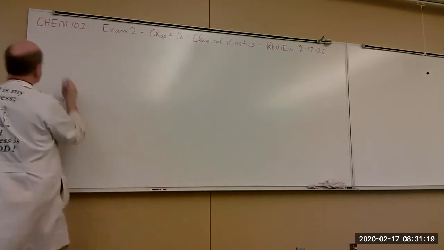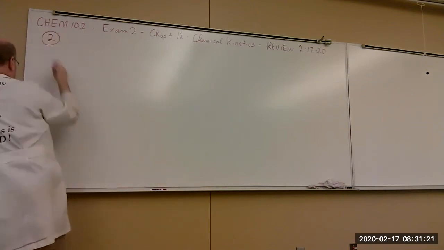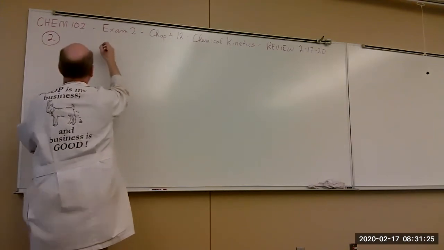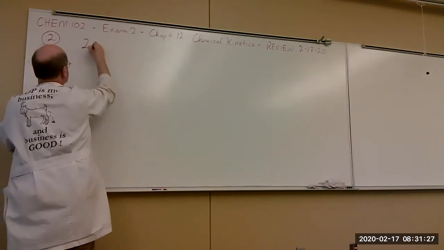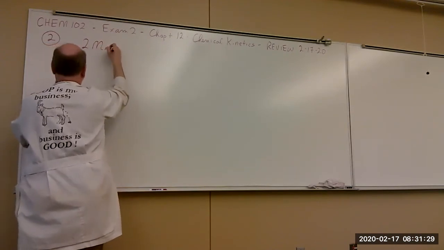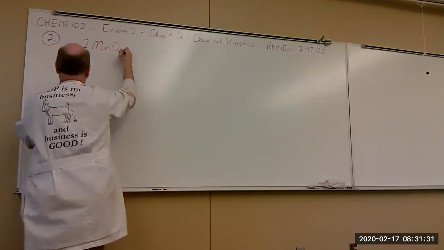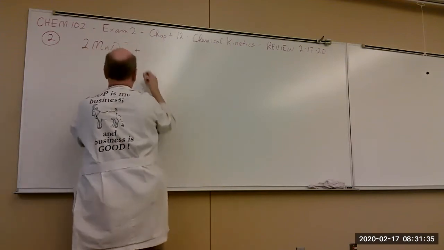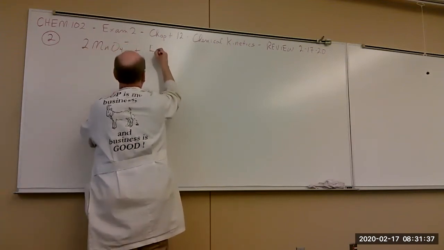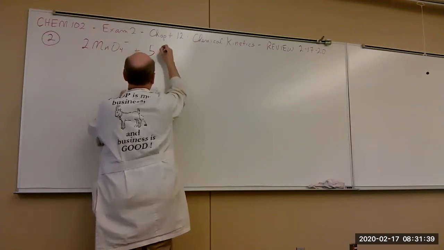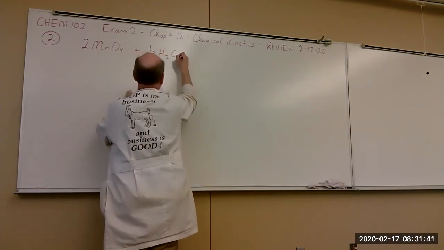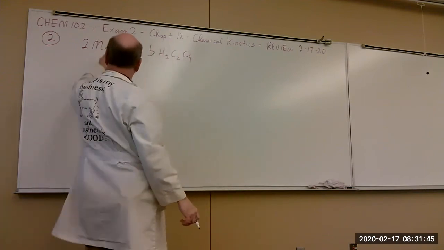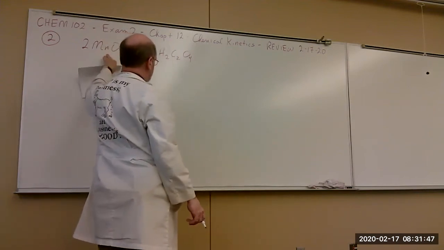Let's see, for number 2. Let me write it like this. H2C2O4. This is the manganate ion.